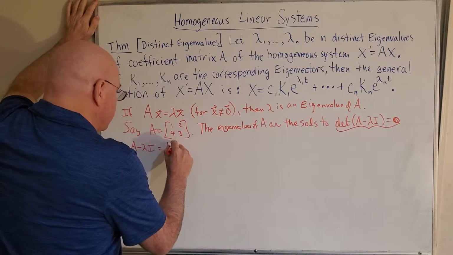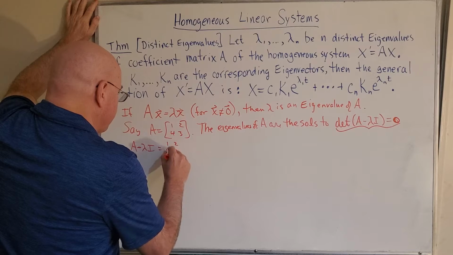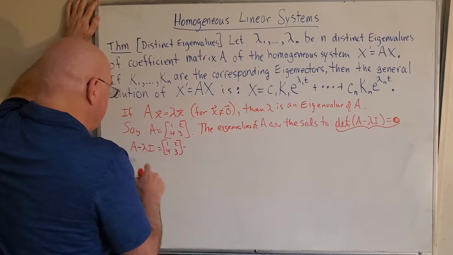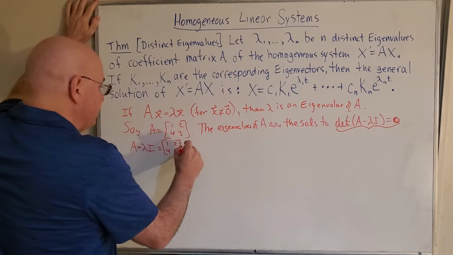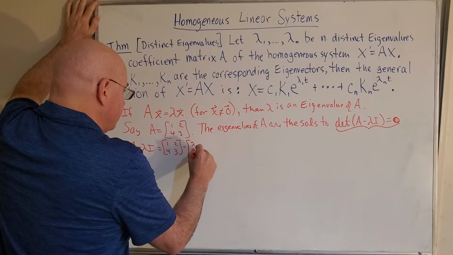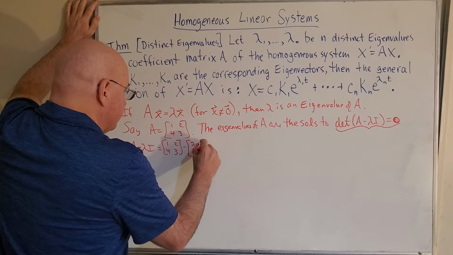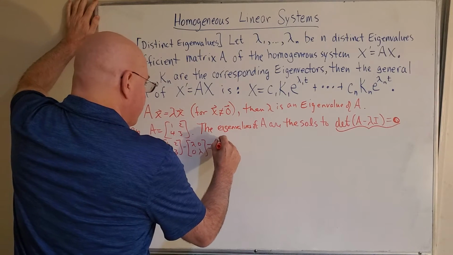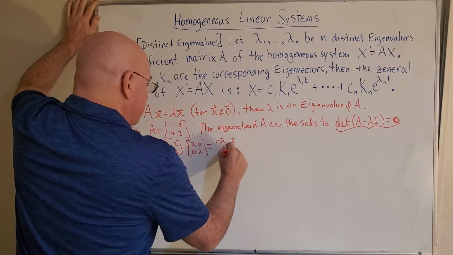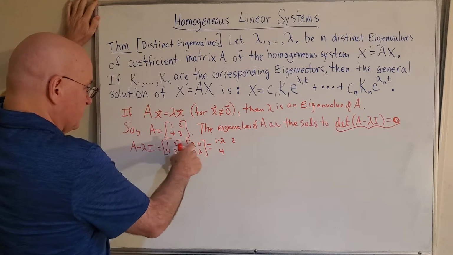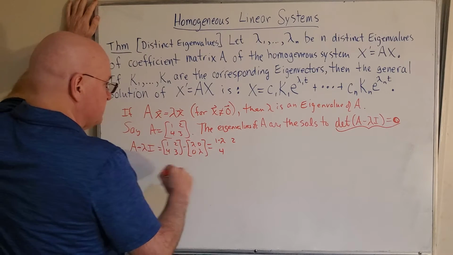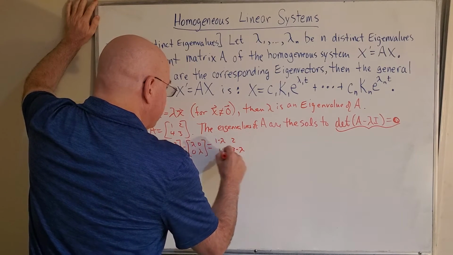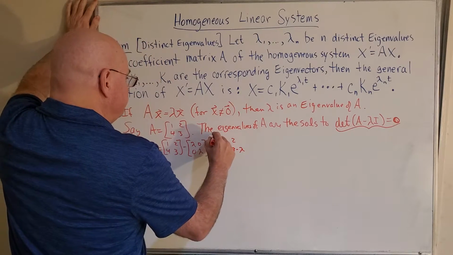Well, that's 1, 2, 4, 3, that's A, minus lambda times the identity, which is just lambdas down the diagonal and zeros elsewhere. So that would give us a 1 minus lambda. The 2 and the 4 stay the same because we're just subtracting the corresponding zeros. And that would be a 3 minus lambda.